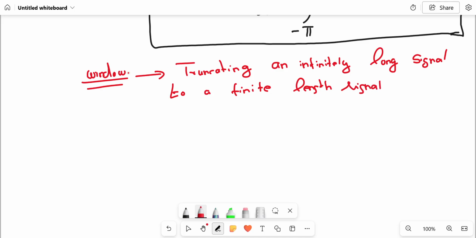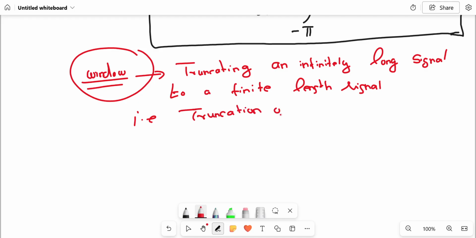So by using the window technique, we are truncating the infinitely long signal, 0 to infinity, to a finite length signal. That means truncation of HD of n to a length M minus 1.